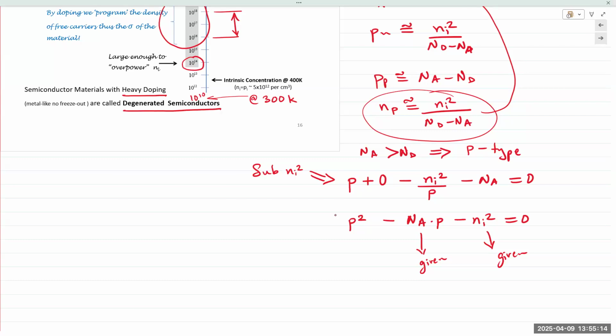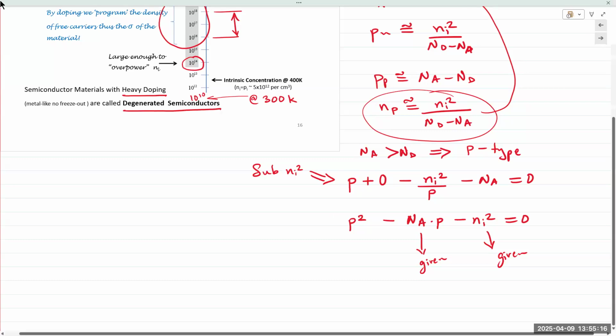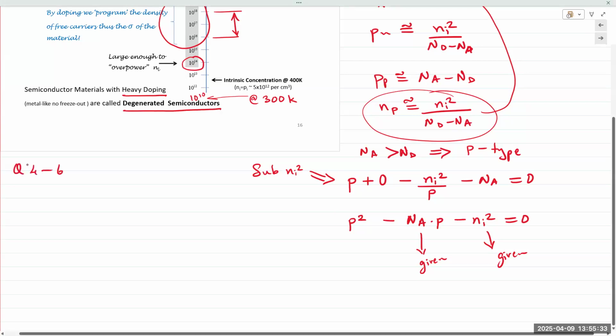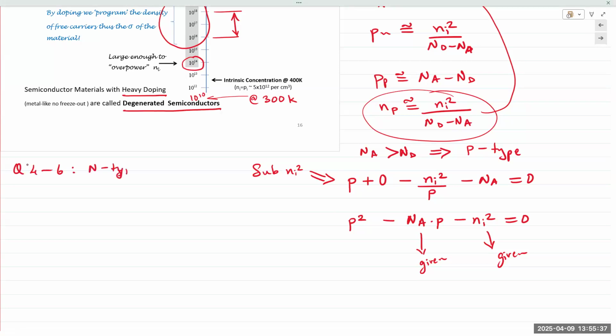Okay. And a few minutes left, so I want to go to the next problem, which was 4 through 6. In that, it was an N-type material. Number of donor atoms was higher than the number of acceptor atoms. The answer for question 4 is that it's an N-type material.